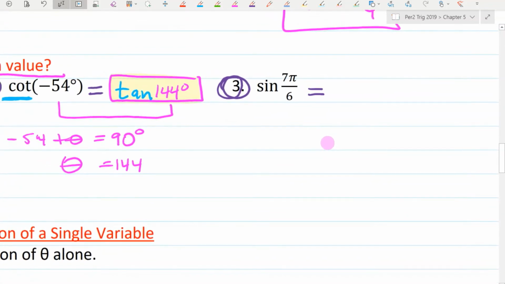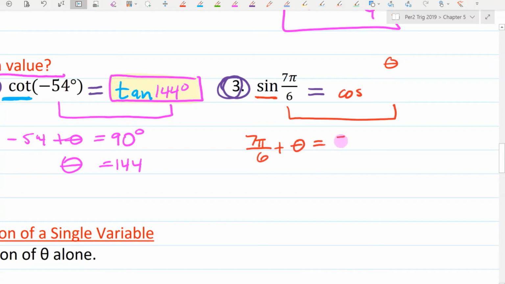All right, for sine of 7 pi over 6, the cofunction of sine is cosine. And then these two angles, we'll call this one theta, have to add up to 90 degrees or pi over 2 in radians. So for theta, I'm going to subtract 7 pi over 6. I'll write this small.